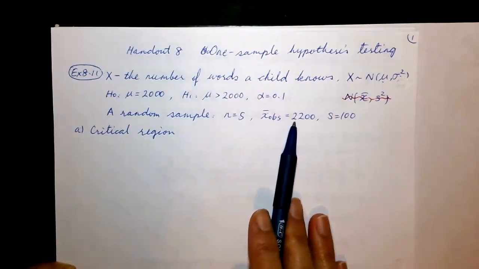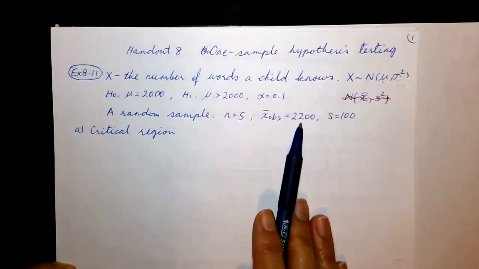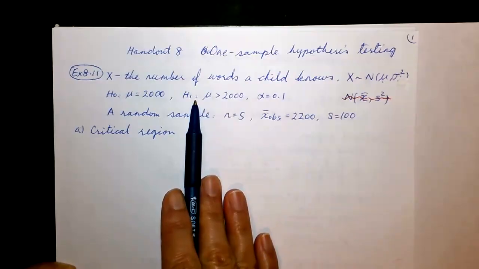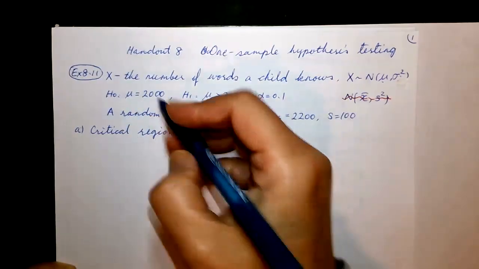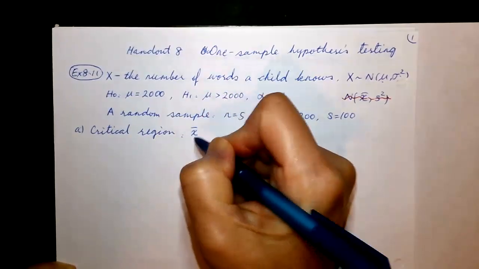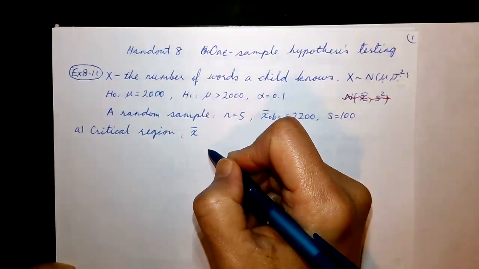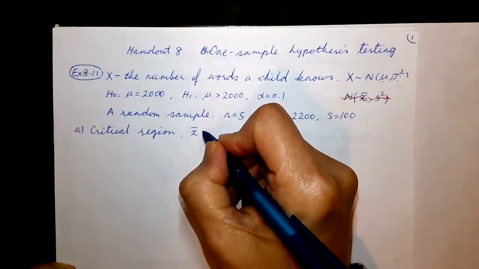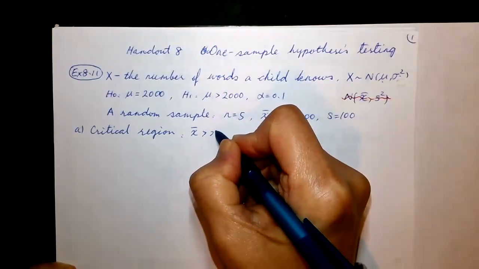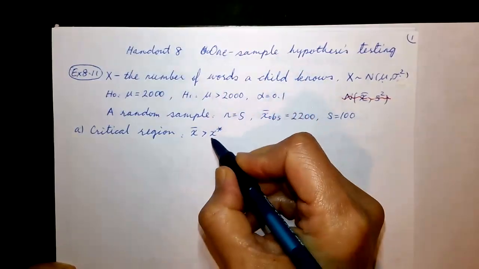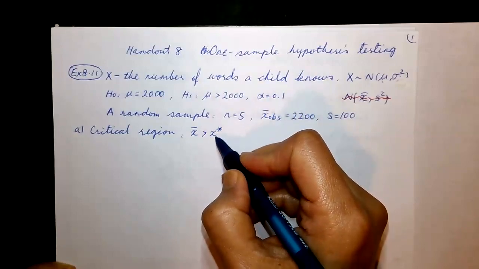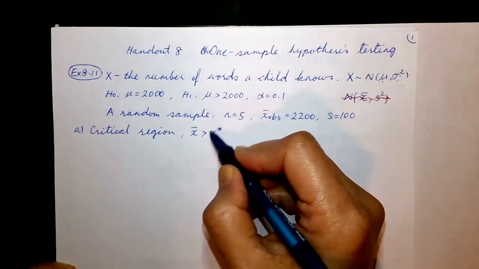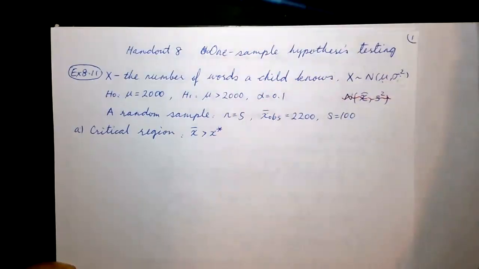So if 5 children know on average 5,000, you would accept this and reject that. That means if your sample mean is too big, so it's bigger than what? We need to find this value, whether this value 5,000 is extreme or not. We need to find this.